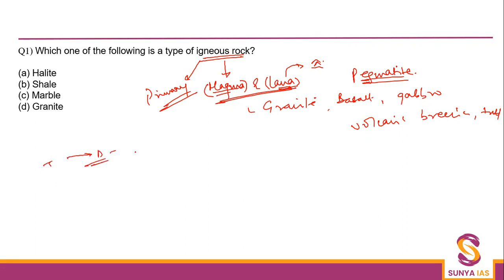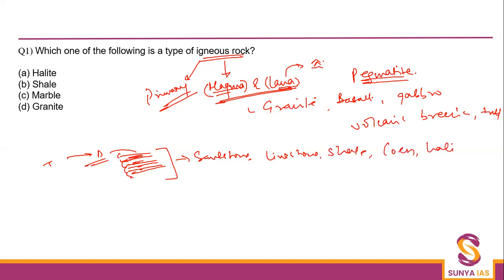They are deposited into different layers with the passage of time, and these layers are then called your sedimentary rock system. In between these layers we had seen how sediments are formed. Different examples of sedimentary rocks are sandstone, limestone, shale, loess, halite.